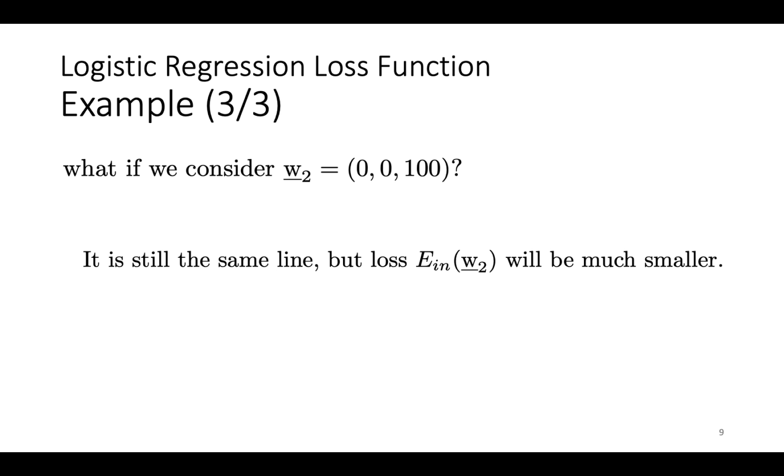It would be still the same line, but the loss function would be much, much smaller. So now we've got a dilemma. How are we going to tune this, right? Because now, even in logistic regression, different W's are giving us the same line but a little bit smaller loss output. How are we going to tackle this? How are we going to tune this kind of situation?